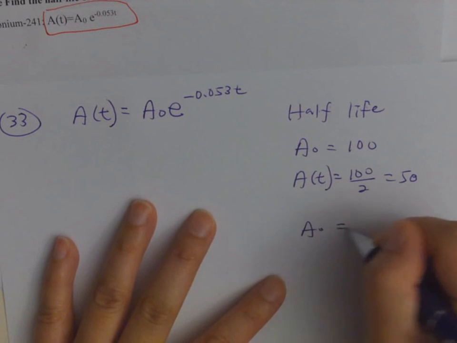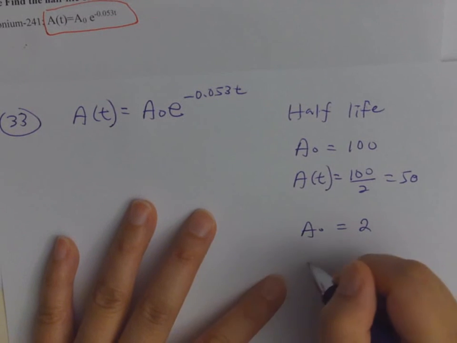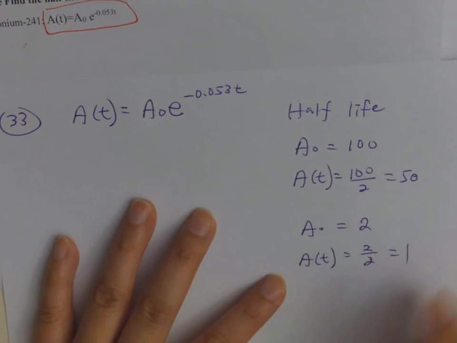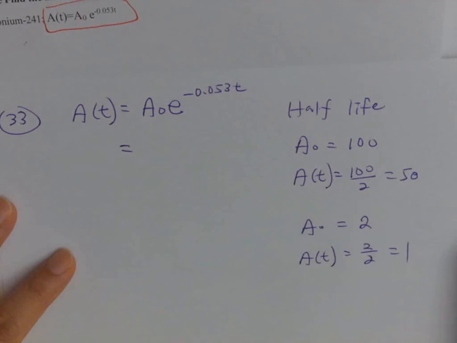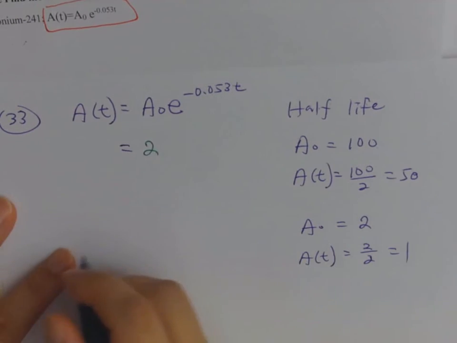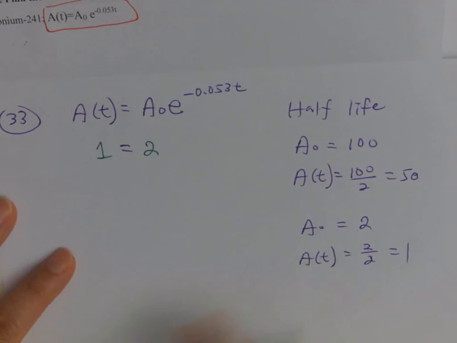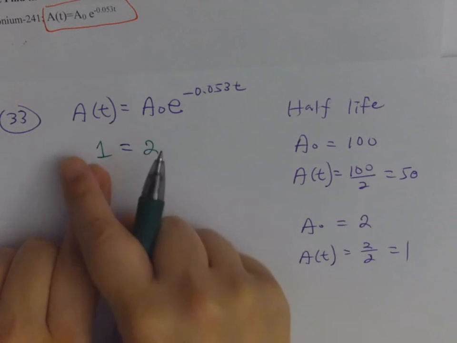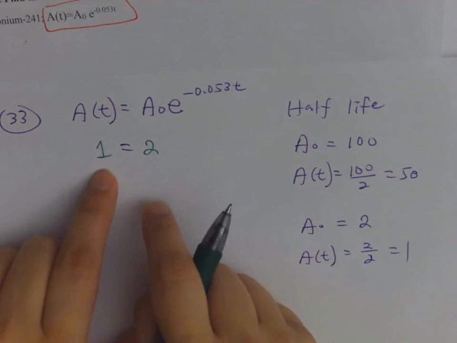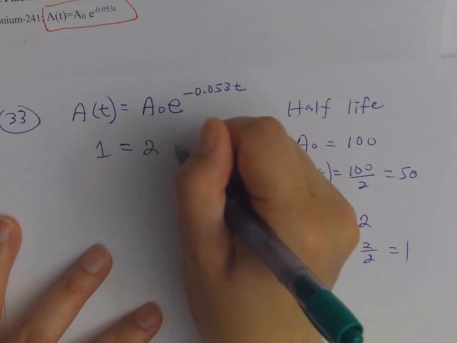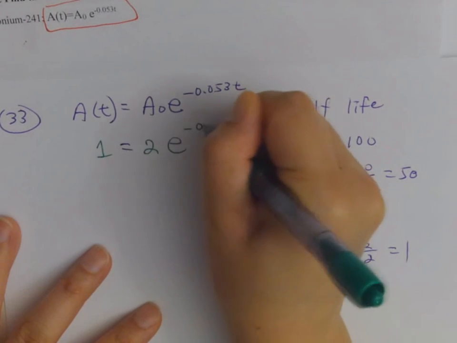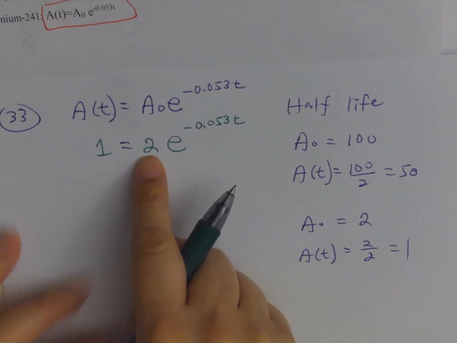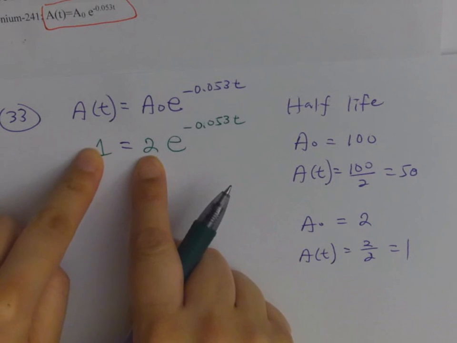So the easiest, I think, is like set this as 2 grams or something, and then half of 2 is going to be 1. So if I started with 2, I should end up with 1, right? But if I started with 100 and end with 50, still after you reduce it would be like 2 and 1, right? Okay, so e^(-0.053t). So half-life means whatever your original is, just do half here.